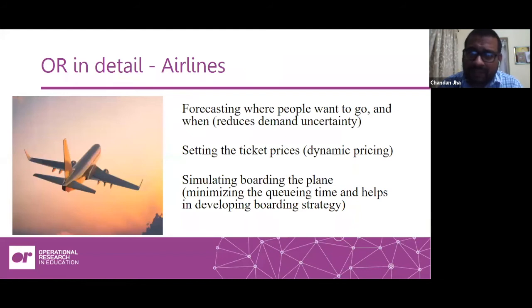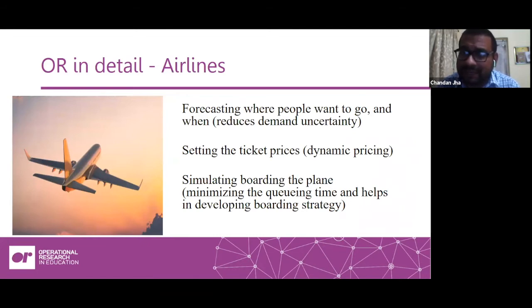Examples from other sectors, for example, airlines. What we can do is forecast where people want to go and when. So this reduces the demand uncertainty. There are risk factors associated with demand, so with the help of OR models, we can reduce the demand uncertainty.